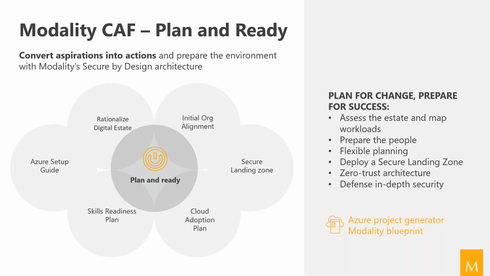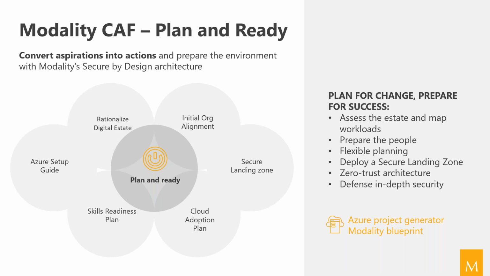So today we are going to run through the CAF, the Cloud Adoption Framework, with Modality, around the plan and readiness stages. This webinar will touch on many of the steps shown. Your organization already has technology investments, so you need to understand your current state and then develop a prioritization plan for your cloud journey.